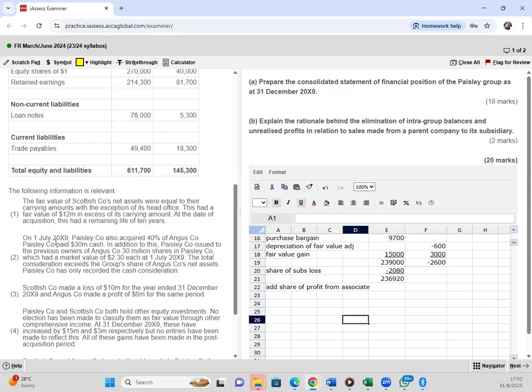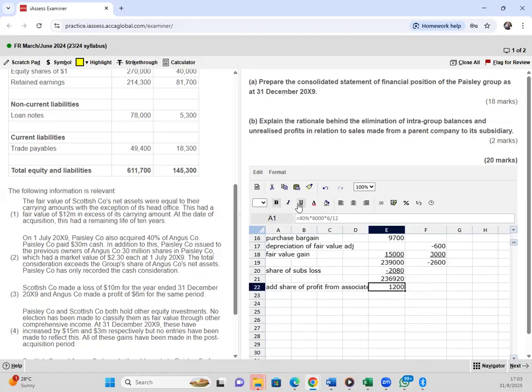It's the same date, 1 July. So the share of profit we are going to put is the share of profit from 40%, that's the first thing. The associate made a profit of 6 million, that's the other thing. Then the last thing is, it's now 6 months after we bought the associate. So we're not adding all the 40%, it's only for 6 months. We are only accounting for the 6 months here.